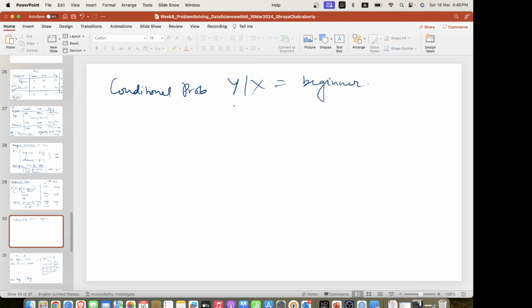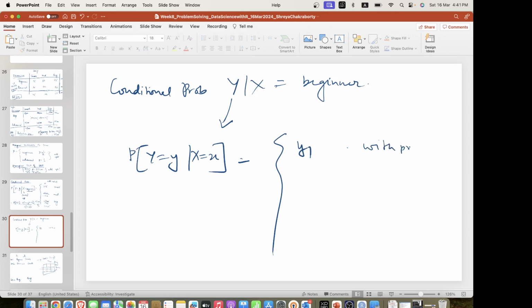Let me assume that the probability of Y equal to y given X equal to x would be something like this: some y1 with probability p1, y2 with probability p2 and y3 with probability p3.